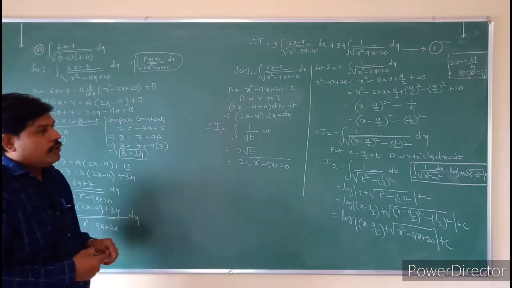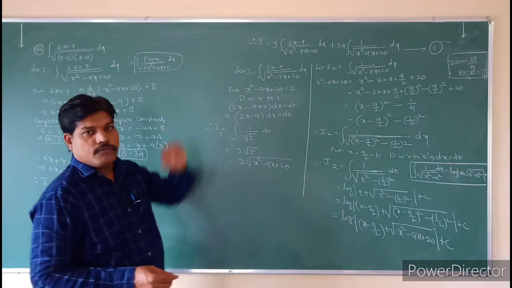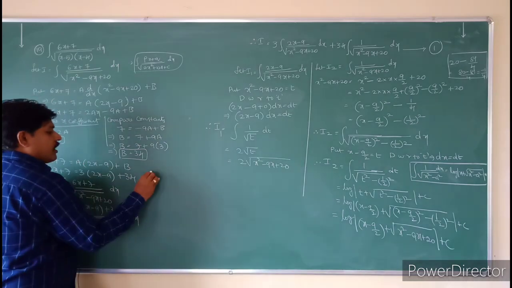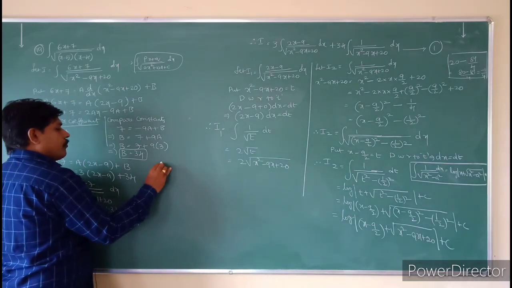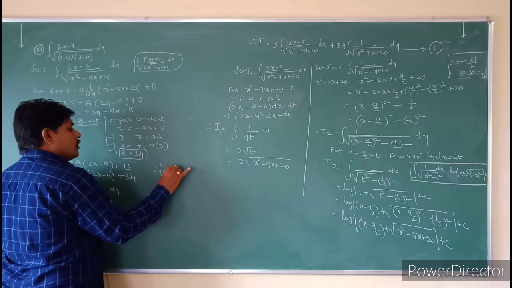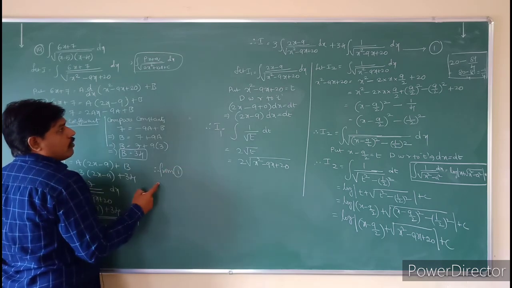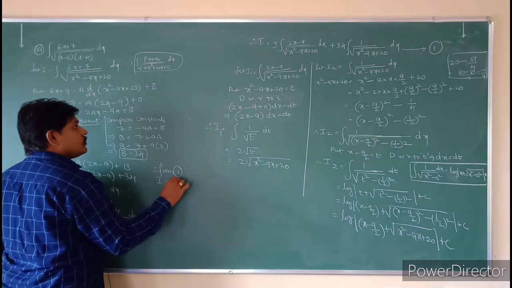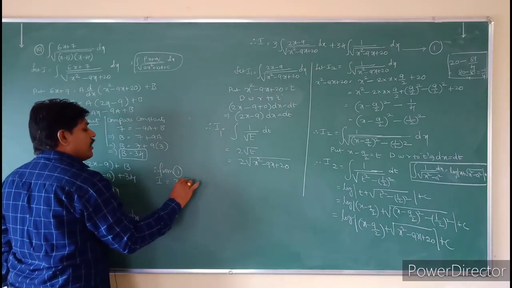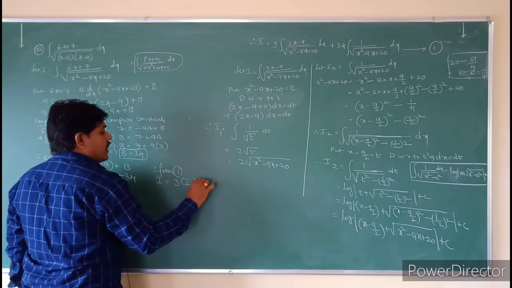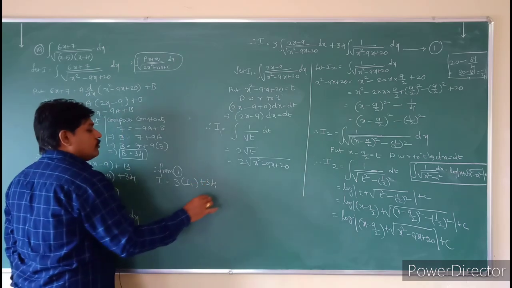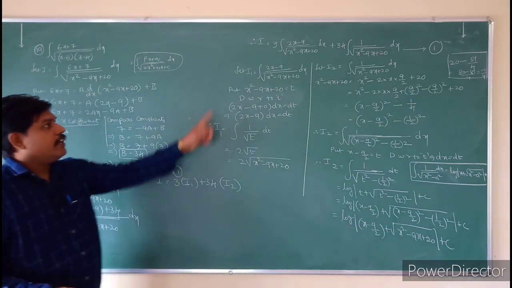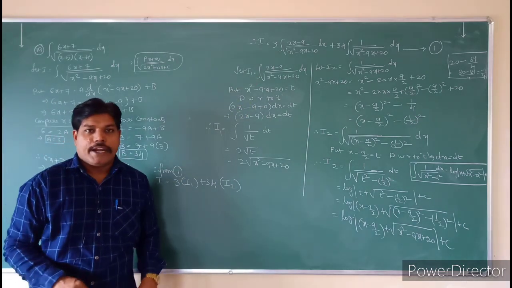Therefore we can substitute this value in equation 1. What is equation 1? I is equal to 3 into I1 plus 34 into I2.